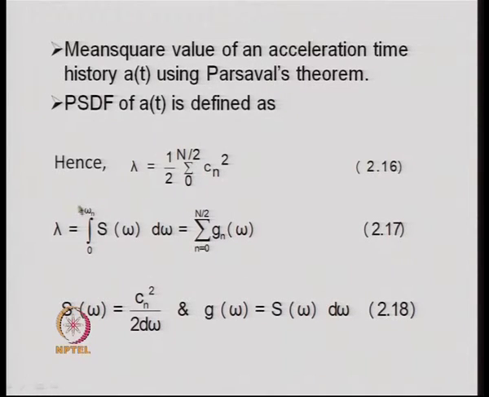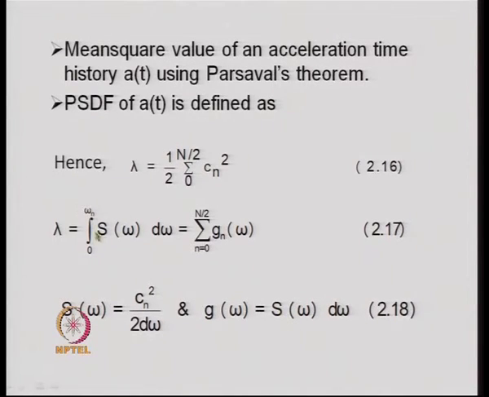Now, this integration can be converted into a summation, provided we say that there is a function g_n, and this g_n varies with every frequency, and the g_n value will be nothing but S(omega) into d omega.